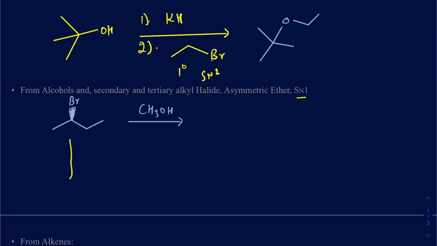If you recall, your SN1 mechanism starts with loss of the leaving group. So first the leaving group leaves, and then you make this carbocation. And once the carbocation is made, you want to check if you can make it a more stable carbocation, but this is a secondary carbocation, and you can't really make anything more stable than that.